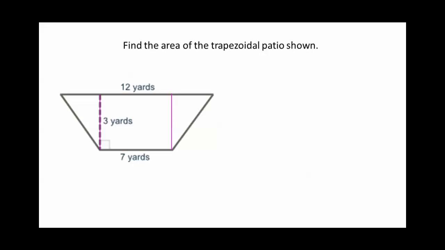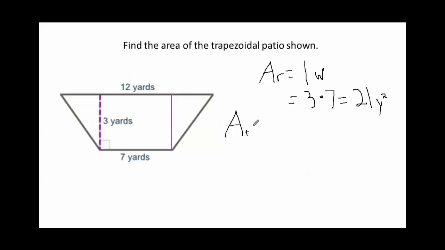So I know that the area of my center rectangle is going to be length times width, which is going to be 3 times 7. These are yards. So 21 yards squared. For my triangles, I happen to remember that the formula for area of a triangle is 1/2 base times height.